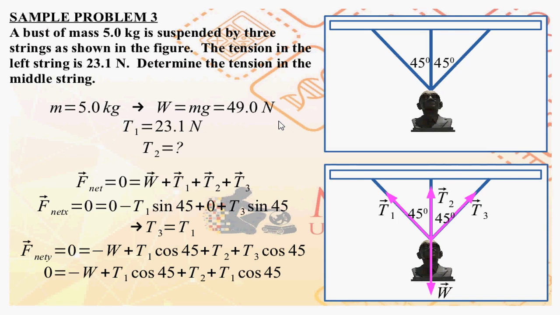We are already provided the drawing of the system. So, identify now the forces present in the system. The bust has mass, automatically it has weight heading downward. And because of the weight, the 3 strings are being stretched.